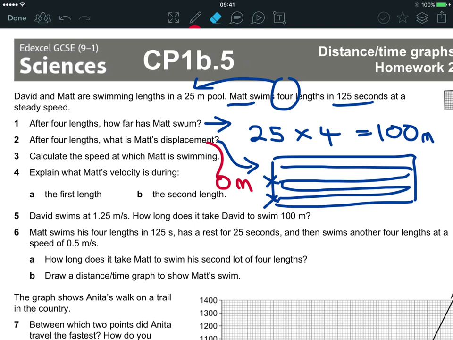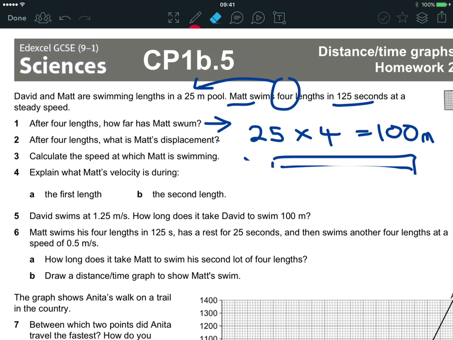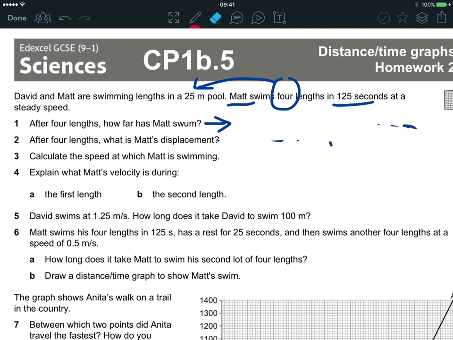Now what I'm going to do is just tidy this up a bit. We've got 0 metres displacement and we've got 100 metres swum. So if I put that in there, 100 metres and then 0 metres. Okay, calculate the speed at which Matt is swimming. So now we need our equation finally.